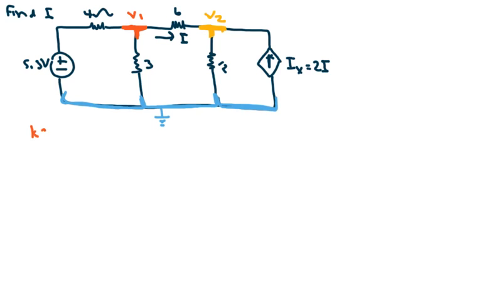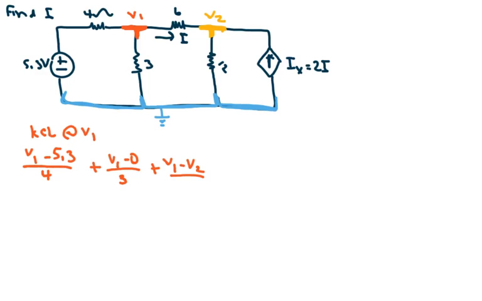So KCL at V1 is going to be (V1 minus 5.3) over 4 plus (V1 minus 0) over 3 plus (V1 minus V2) over 6 equals 0.